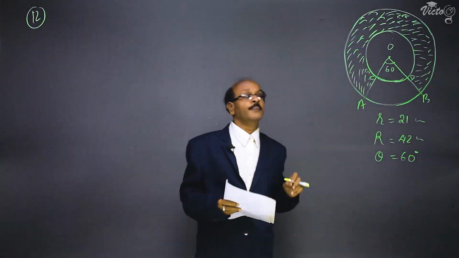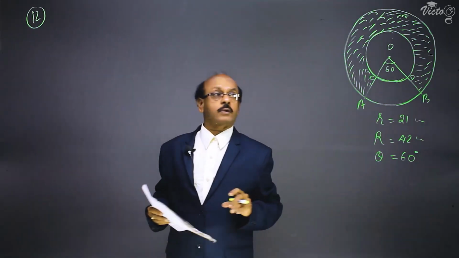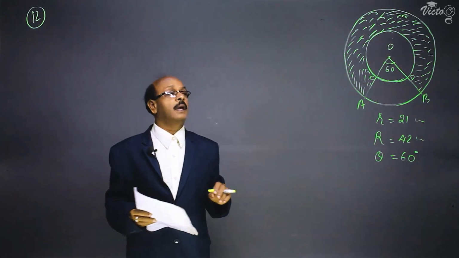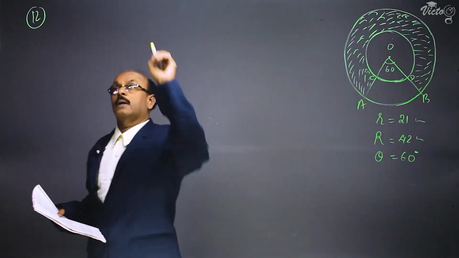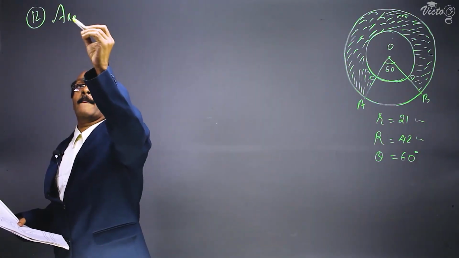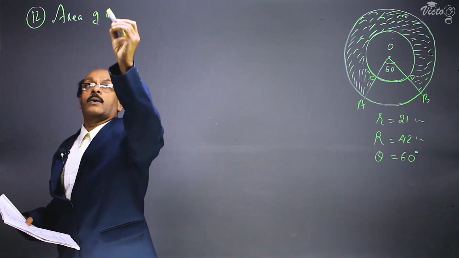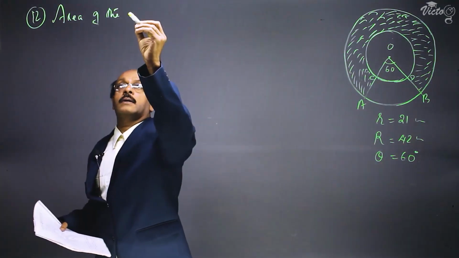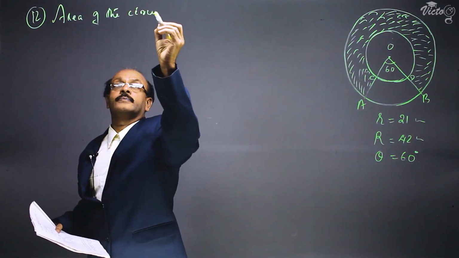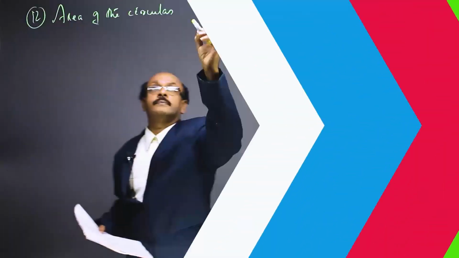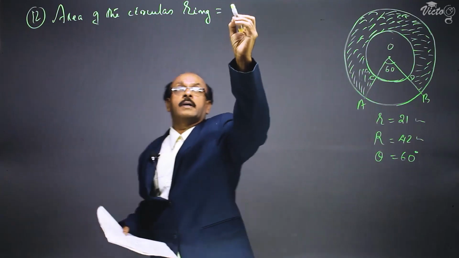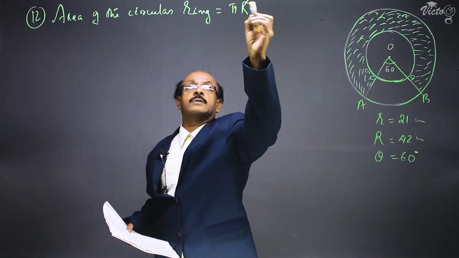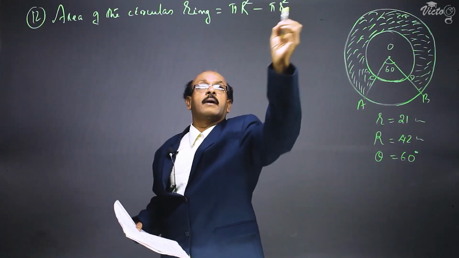So we are finding the area of the circular ring. Formula is pi capital R square minus pi small r square.